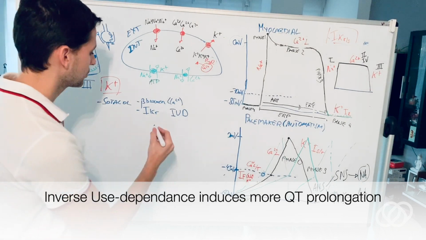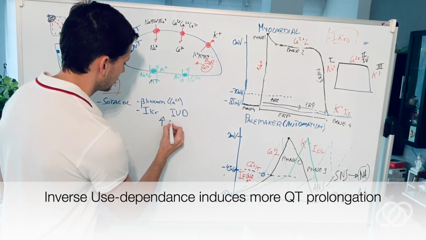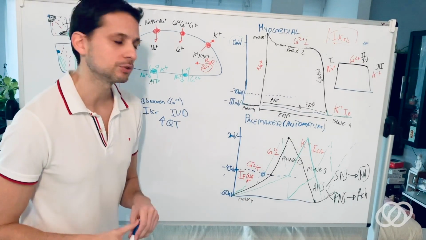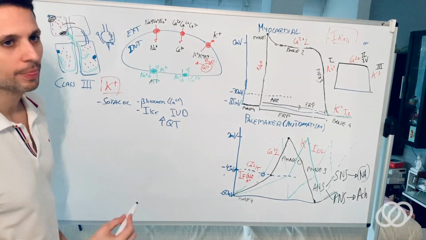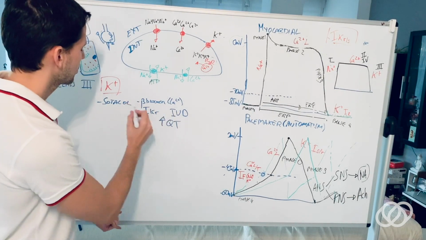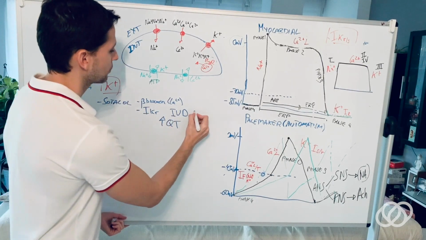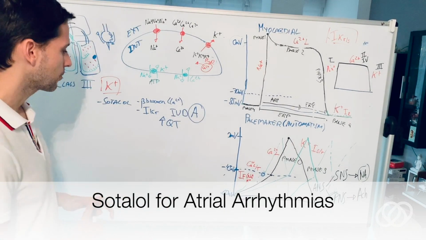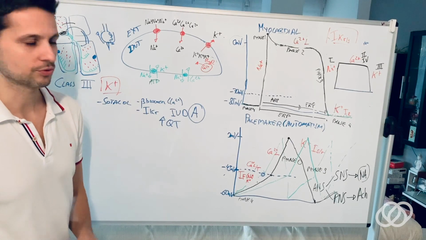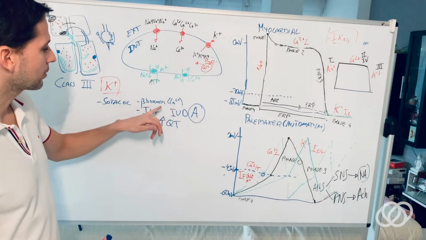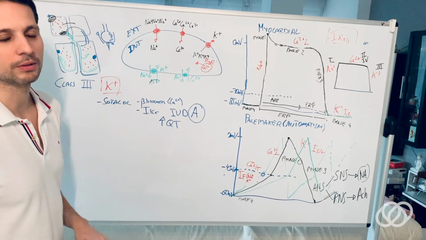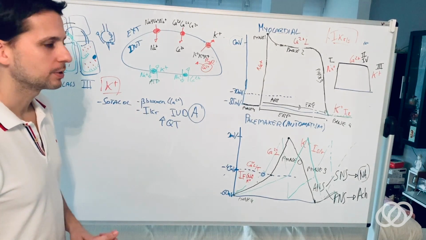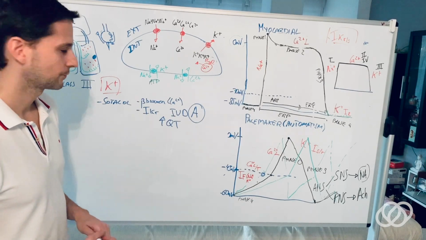That it is going to increase the QT interval a lot. We mainly use sotalol for atrial arrhythmias. When we put a patient on sotalol, we have to be careful with all the things that we have with beta blockers, but also we will have to be careful with the QT interval.